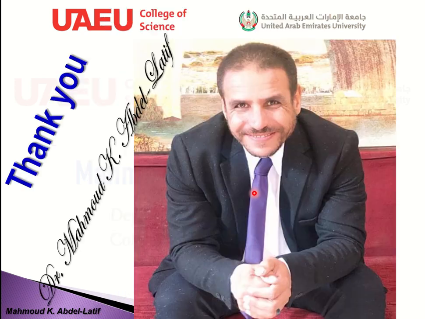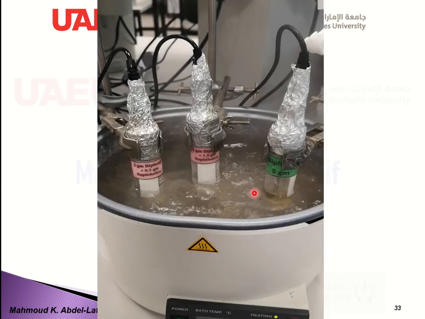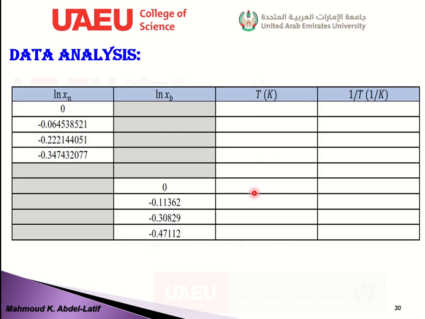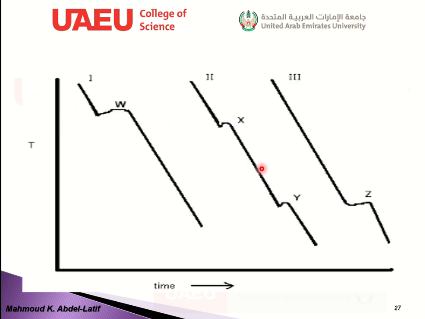With this one, I have reached the end, and just to remind you again, we plot a relationship between ln x against 1/T. You will end up with a straight line with a negative slope. Get the slope of this line.